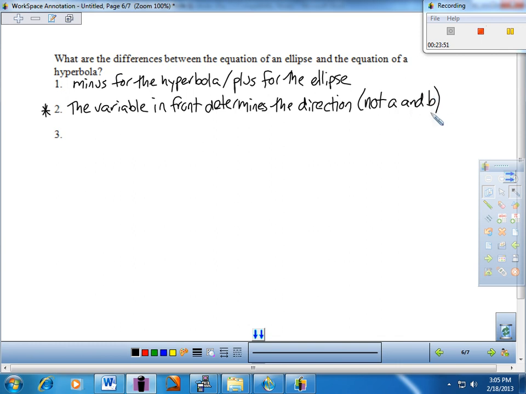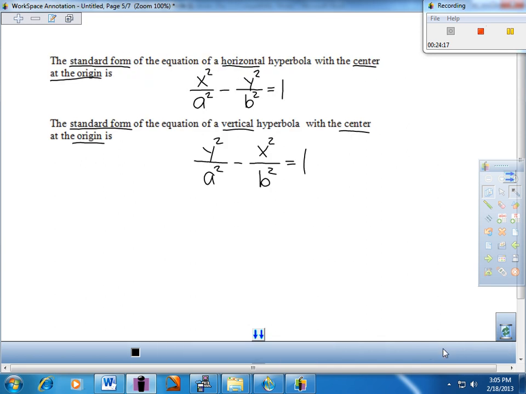So let's talk through that one just real quick. In an ellipse, we always said just look for the bigger number. The bigger number would be A. And then as a result, whichever letter it was under, that's how you determine the direction, right? That's in an ellipse. Not so in a hyperbola. In a hyperbola, it's just whichever variable is out in front. Let me just go back one screen, of course.